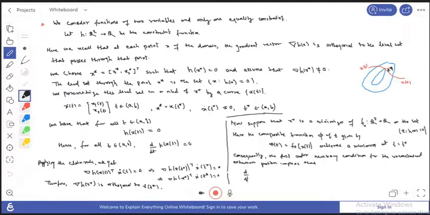This is d by dt of phi of t star, that is 0.